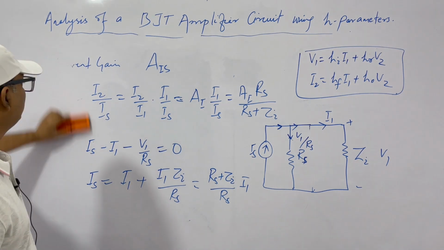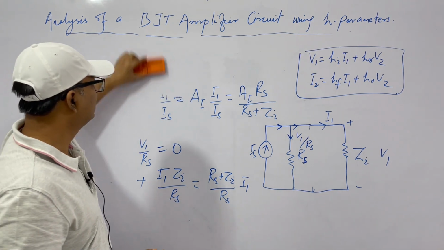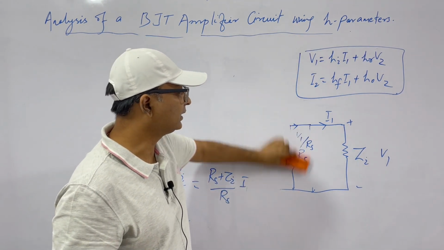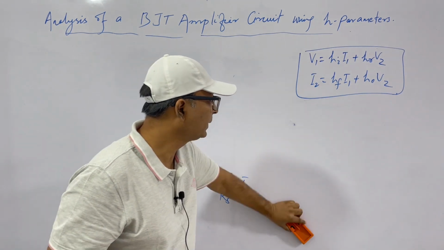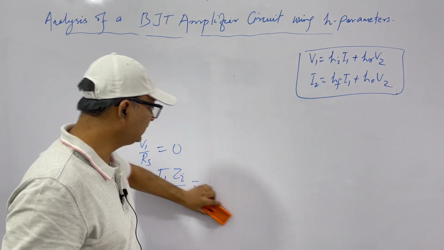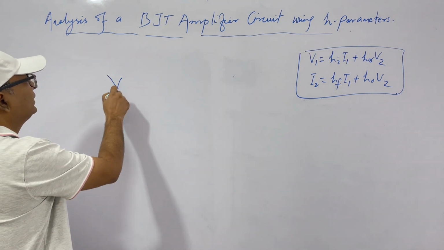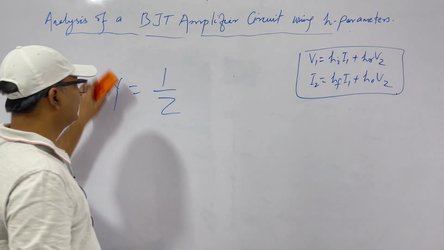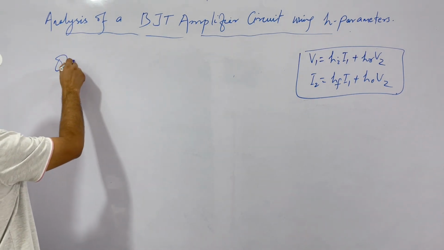Okay. Now we will see the output admittance. You understand admittance? We have resistance, then we have conductance. Conductance is 1 by resistance, inverse of resistance. Similarly, if we have impedance, we will have admittance, that is Y. Admittance is basically inverse of impedance. So what is the output admittance?